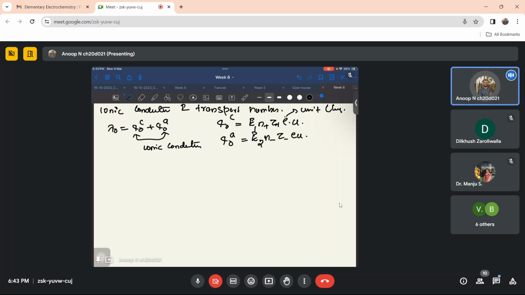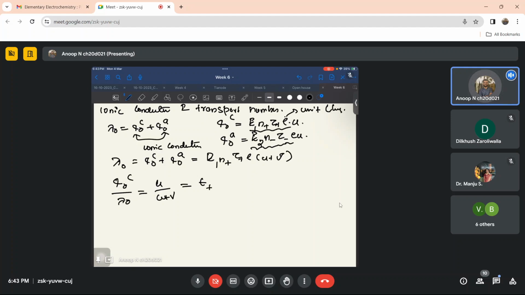If we consider charge neutrality, we can write these terms except U and V as equal, so we write both as the same constant K, or simply K1. So lambda 0 is equal to L0 cation plus L0 anion, which is K1 N plus Z plus E into U plus V. Now we take the ratio L0 cation divided by lambda 0, which is U by U plus V, equal to the transport number of cation.